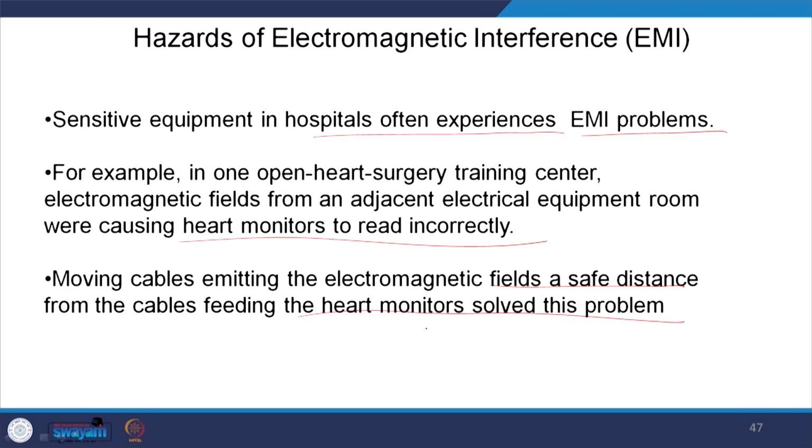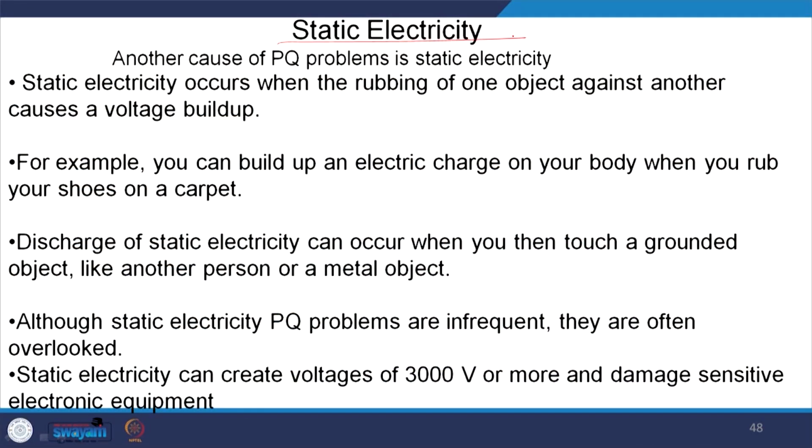There are many ways to solve the problem. This is altogether an EMI EMC suppression issue. That can be a banded method, or we can have holistic design methods. So, that itself is a chapter or a subject. Now, another entity is essentially static electricity.